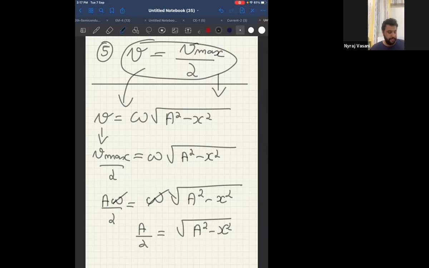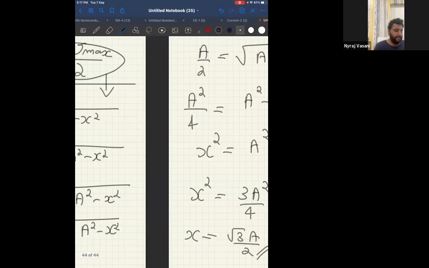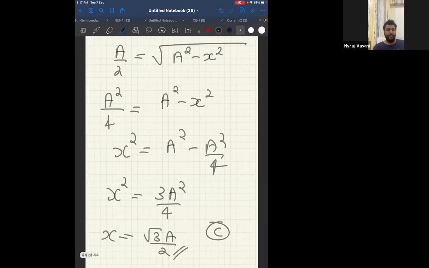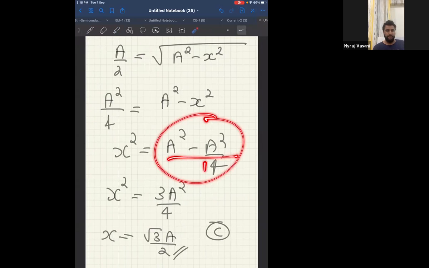How 3a square came? If I take LCM of this, a square minus a square by 4, LCM is 4. Therefore, it will become 4a square minus a square. So it will become 3a square by 4.